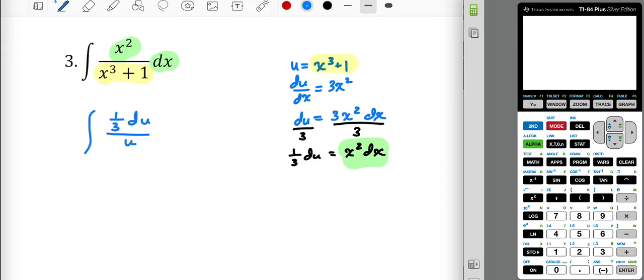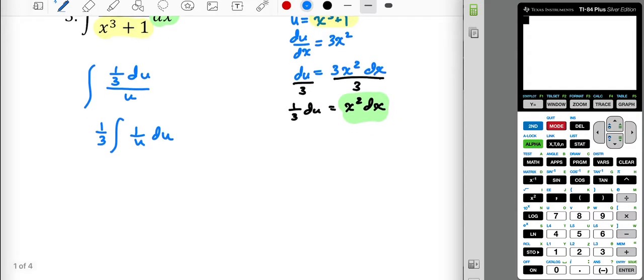Clean it up a little bit. We're looking at, I'm going to actually pull the 1/3 out of the whole thing, because it's a constant multiple. Put a little too much pizzazz at the end of the tail of the u there. So I got a radical integral of 1/u du. I wanted to write it like that because I wanted to make it painfully obvious that this is a natural log situation.